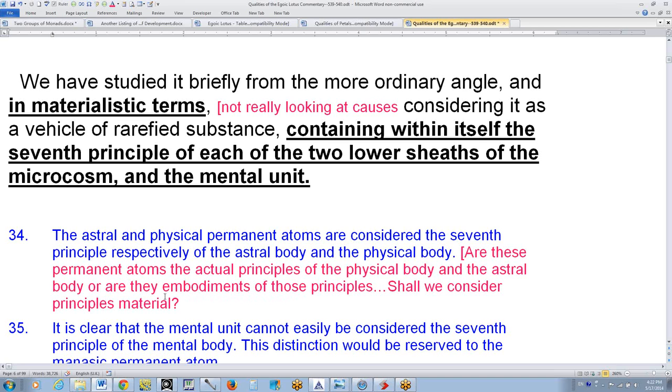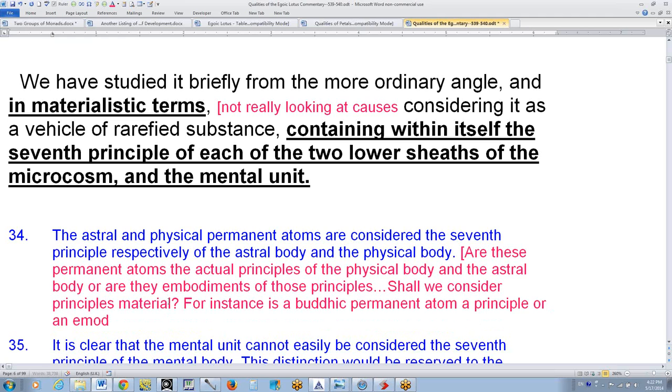When you consider Buddhi, do you consider it material? I mean, is a Buddhic permanent atom a principle, for instance, or an embodiment of the principle of Buddhi? I prefer the latter, but it may simply be that I don't sufficiently understand what he's saying.